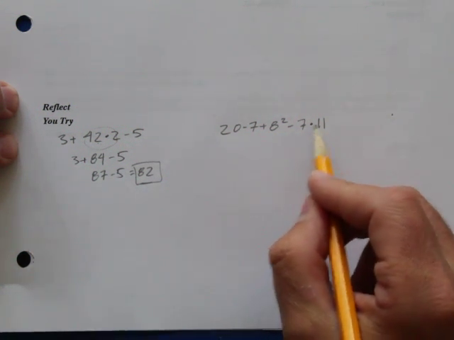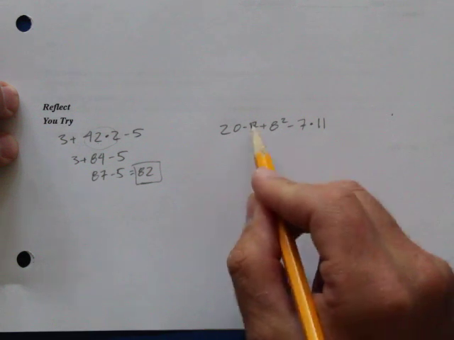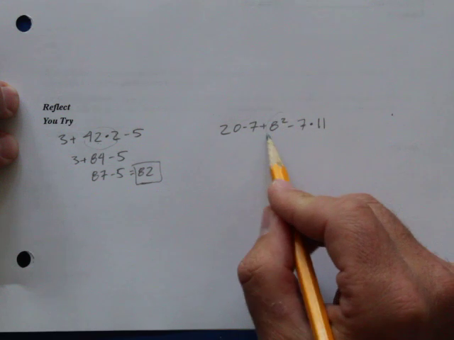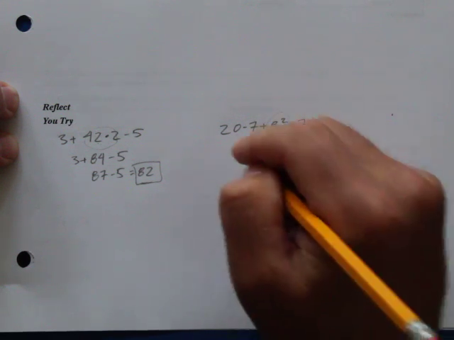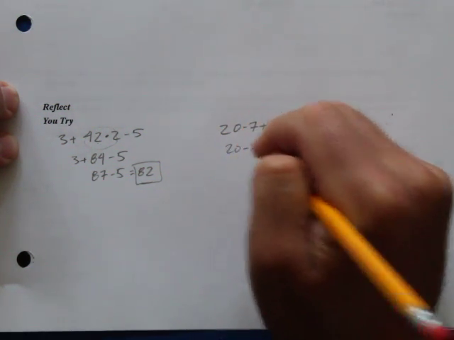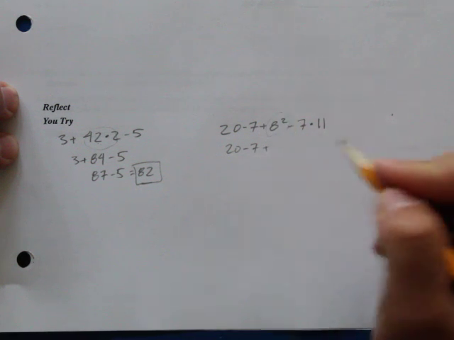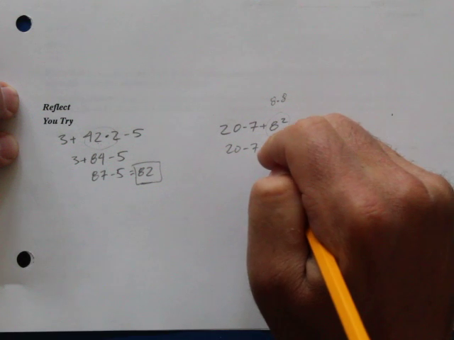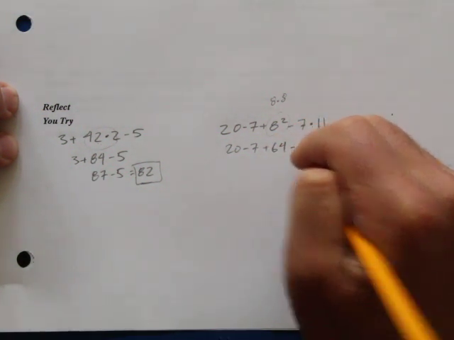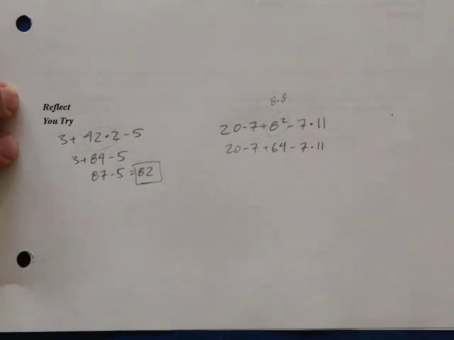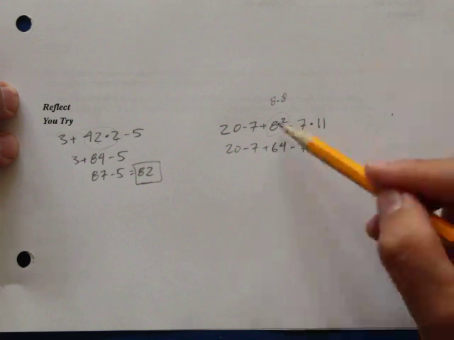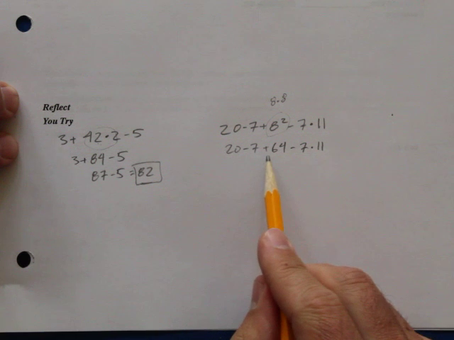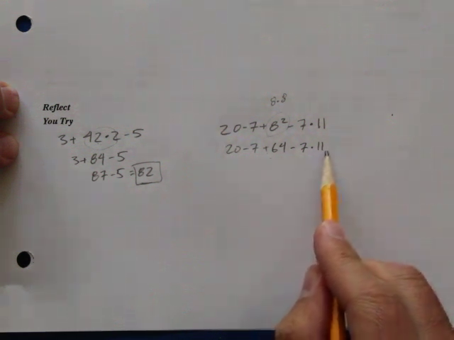Next one, I don't have any parentheses, but I do have exponents. So I went P, now E, exponents. Right here, I've got to do that by itself. So 20 minus 7 plus 8 squared is 8 times 8. So that'll get me 64 minus 7 times 11. All right, so I've done my exponents. Now multiplication and division. I don't have any multiplication or division until I get right here.